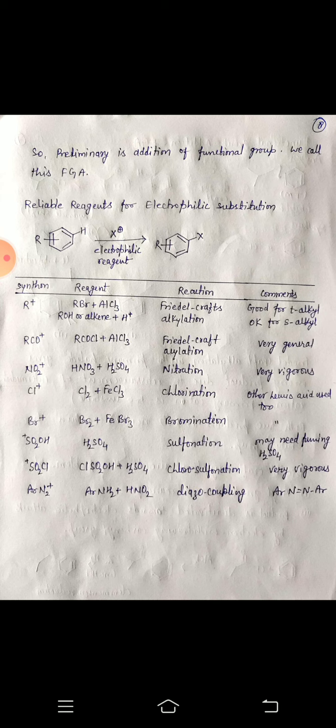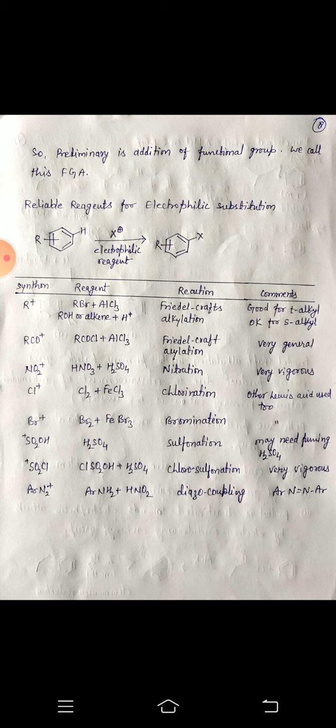Here I have mentioned a table for the electrophilic substitution and the reliable reagents. If after the disconnection we get the synthon alkyl cation, then we use Friedel-Crafts alkylation. For the acyl group, we use Friedel-Crafts acylation.